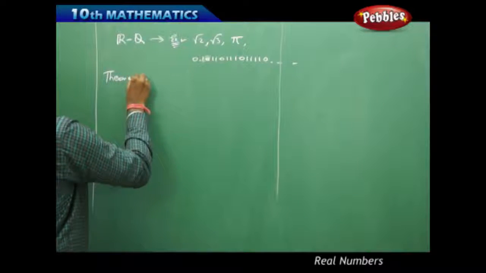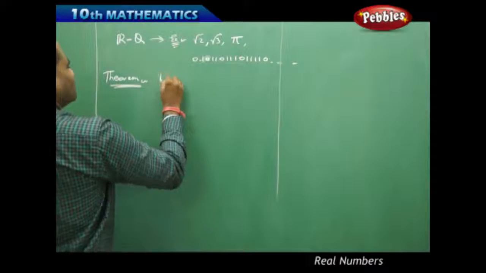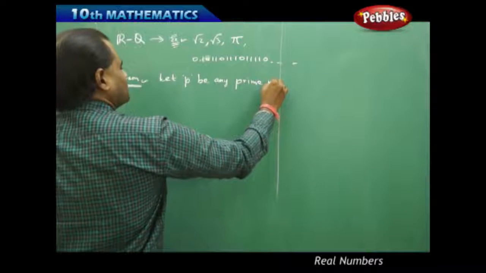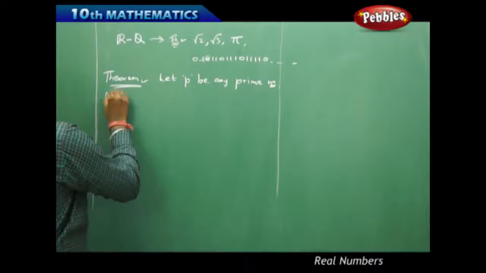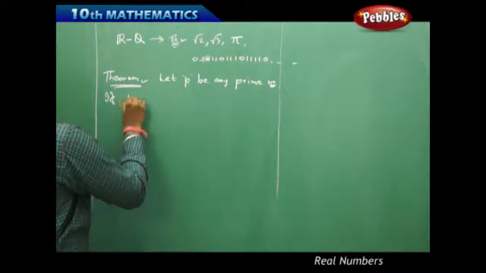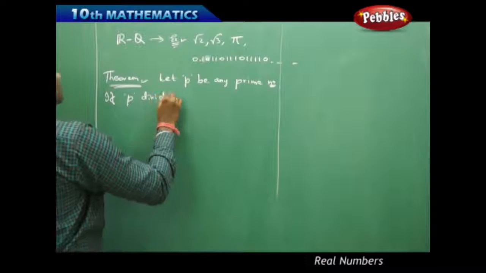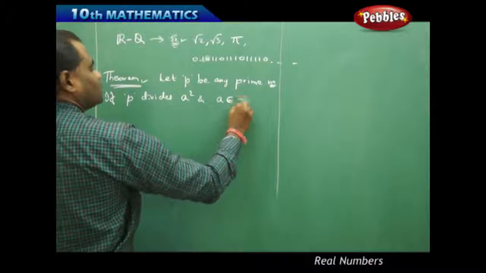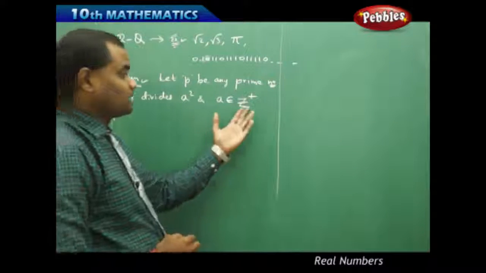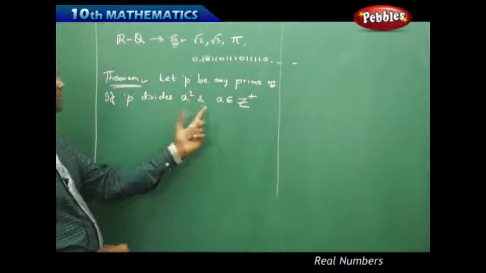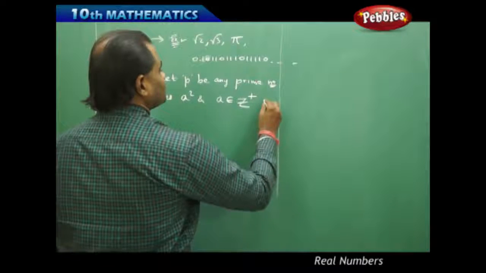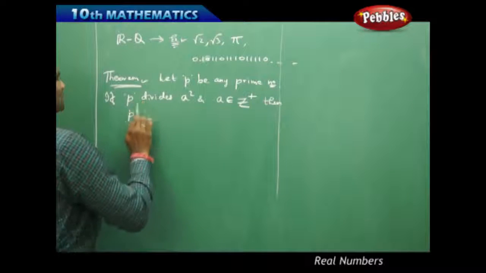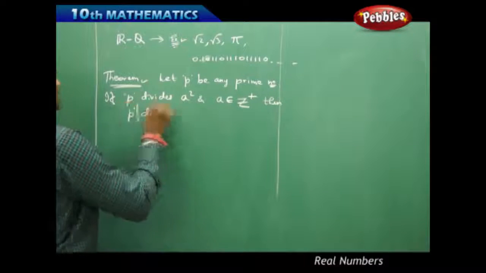Consider the theorem which says: let P be any prime number, if that prime P divides a square, and a belongs to Z plus, the positive integers, then P divides a.